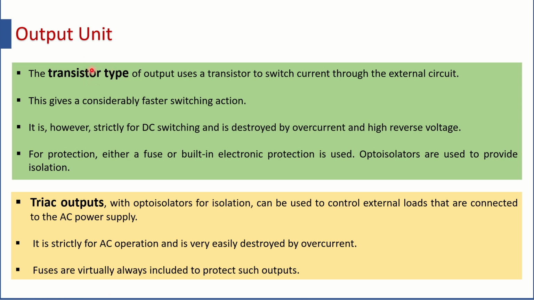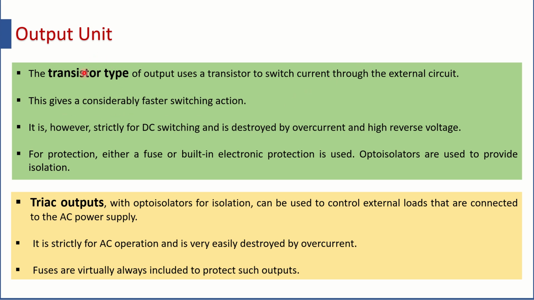Next, you can have the transistor type of output signal conditioning element. Here you are actually using a transistor to switch current through the external circuit, because you use the open collector configuration of the transistor.